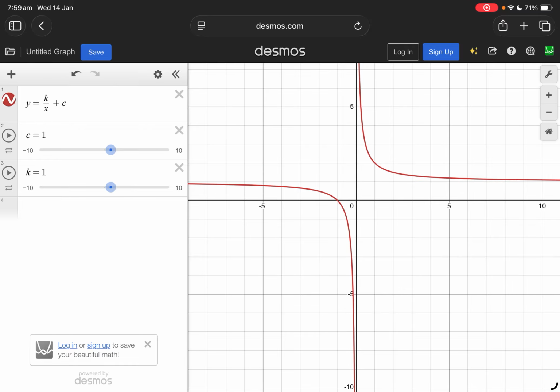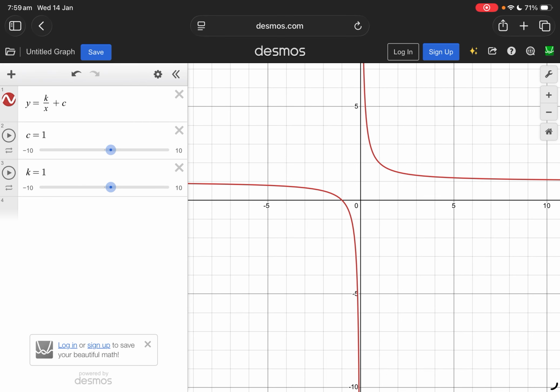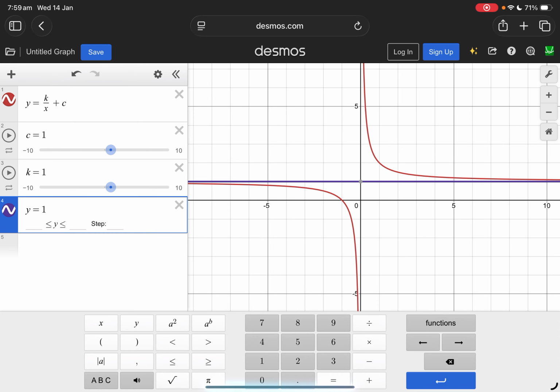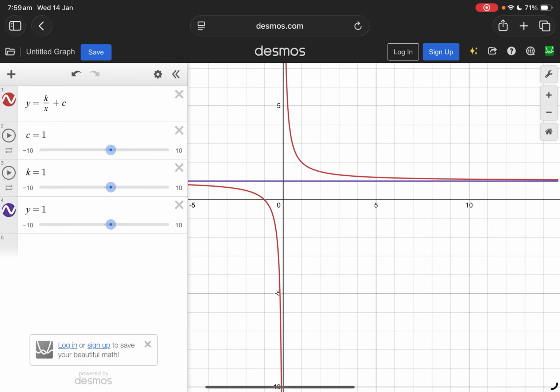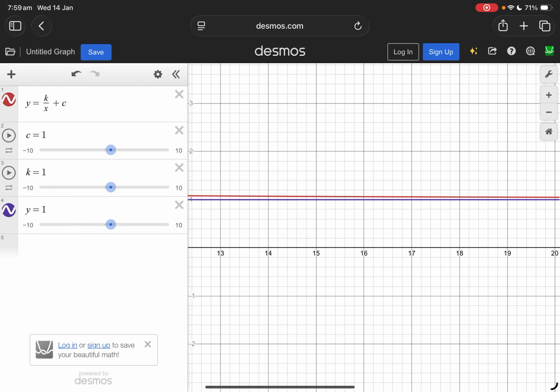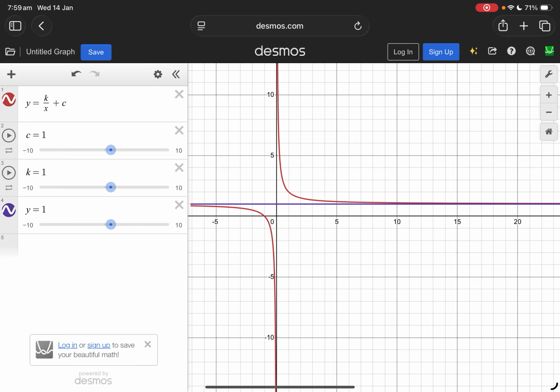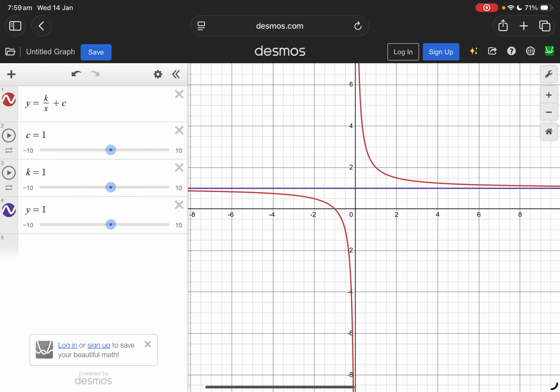So now you can see that we get closer and closer to 1 instead of 0. So my asymptote is at this line. If I make it really obviously clear, we have y equals 1 as our line. We get really, really close to this line, but even when we zoom in, we can see we're not touching it. So I get this type of thing happening here.